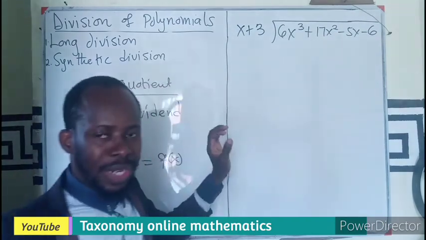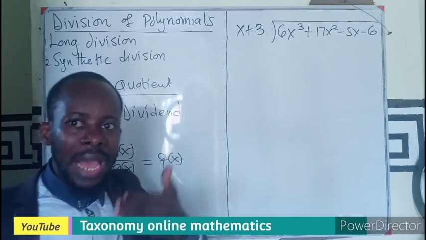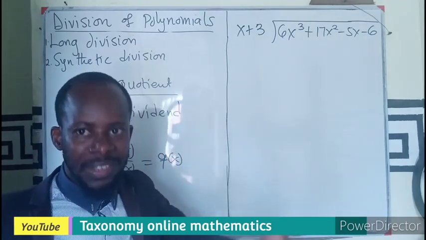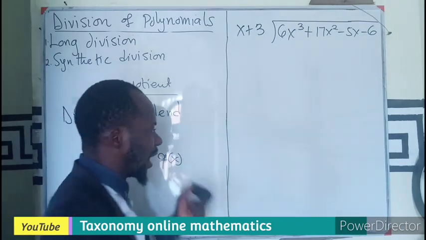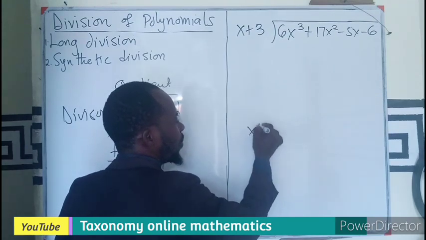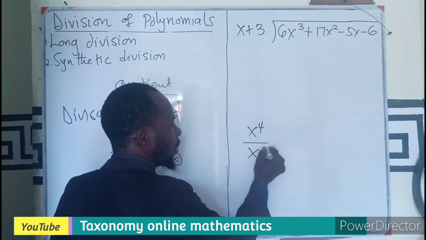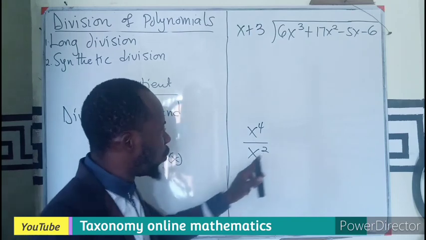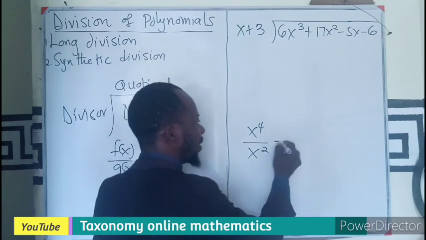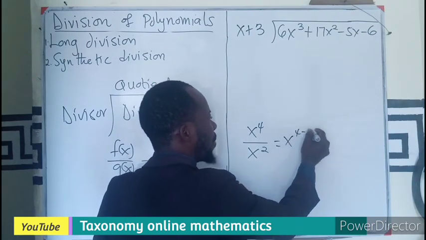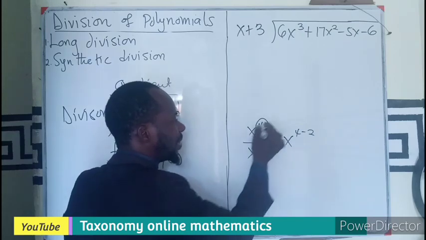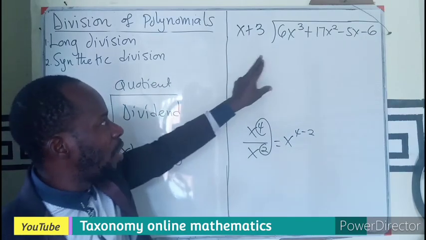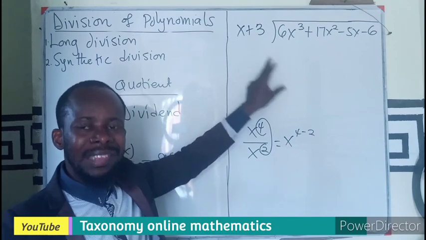Now, in division by long division, we are going to employ the principles of indices. We know that if I have x to the power 4 divided by x to the power 2, in division we subtract the powers, as in x to the power 4 minus 2. So you are going to employ the same principle in this calculation.